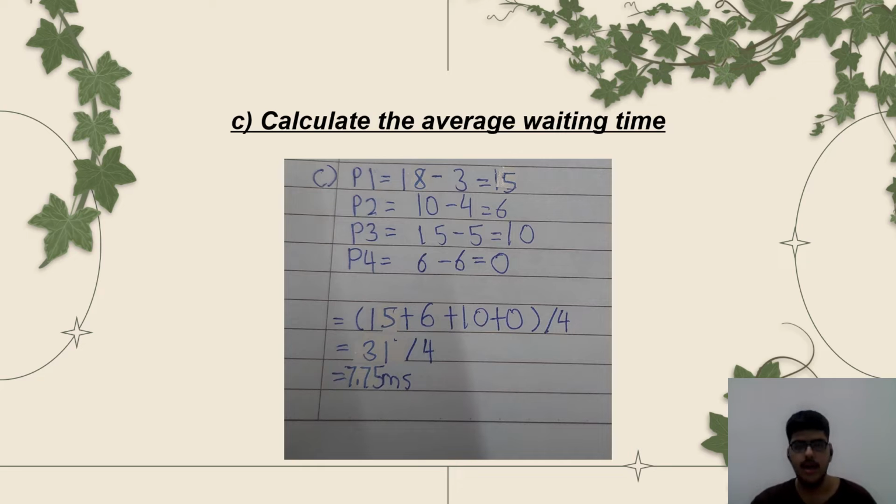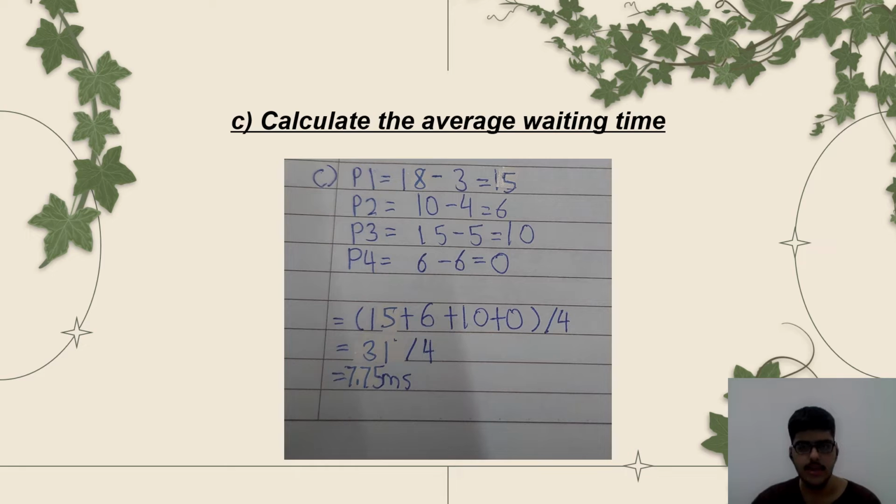Let me state the burst times from P1 to P4. P1 the burst time is 3, P2 is 4, P3 is 5, P4 is 6.